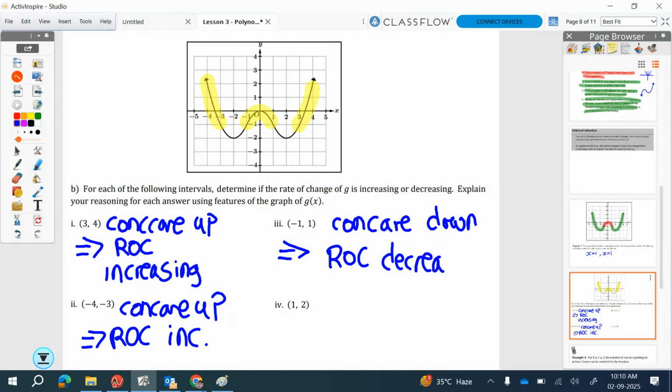You have to be clear about which of the 2 elements you're describing. So then from 1 to 2, this one is concave up. If it's concave up, what does that imply? The rate of change is increasing.